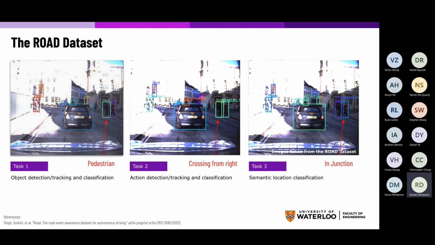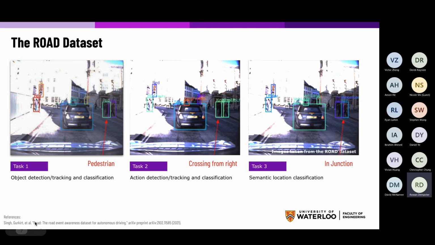Task 2, the novel task that the dataset introduces, is categorical action classification. Basically they have additional labels that aren't just the type of the active agent in the scene, but also the action that they're going to be carrying out.